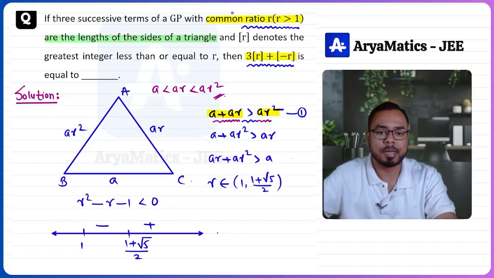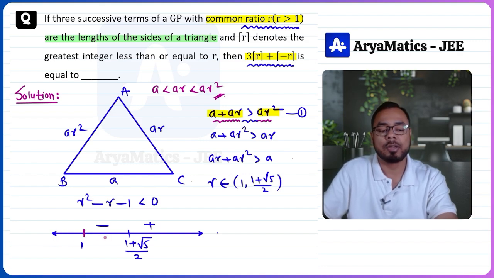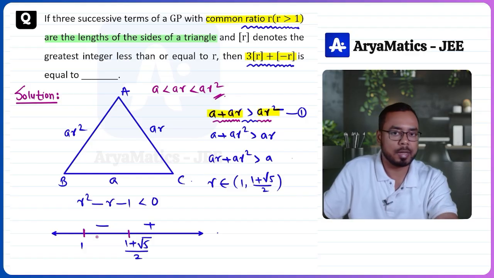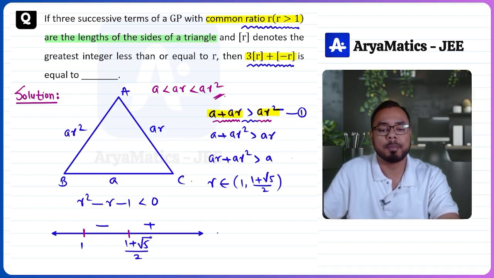Because it is given in the problem that R is greater than 1, we are solving the inequality only when R is bigger than 1. There is no need to solve for R less than 1. So between the roots we'll get a minus sign, and because R is greater than 1, the range for R will be from 1 to 1 plus root 5 by 2.